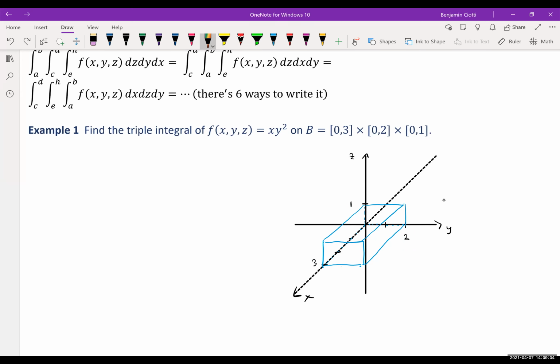The function, by the way, how many dimensions would I need if I wanted to visualize the graph of this function? Four. Yeah, that would be a 4-dimensional graph, which is beyond human comprehension, unless maybe you take DMT or something.